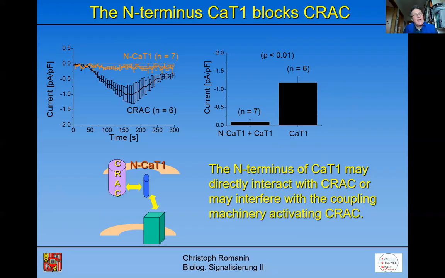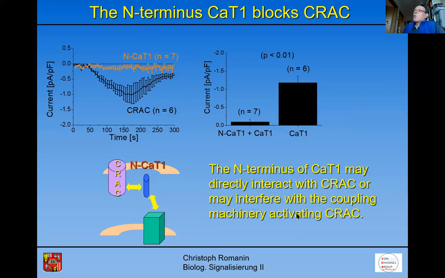So that was at first sight a very nice proof, because we tested for specificity here with the N-terminus of CAT1 versus the N-terminus of TRPC3, and at least here it looked quite specific. So this could mean that indeed CAT1 proteins are contributing to the tetrameric assembly of an endogenous CRAC channel.